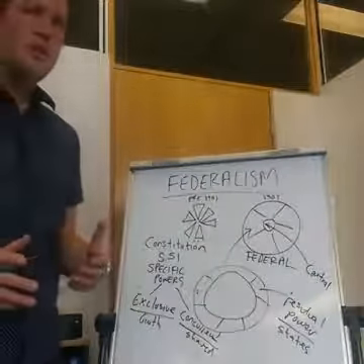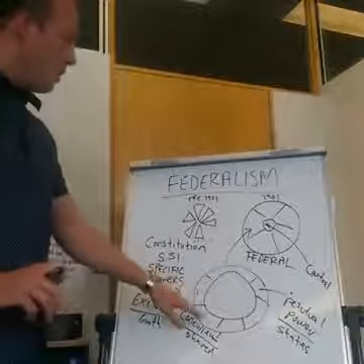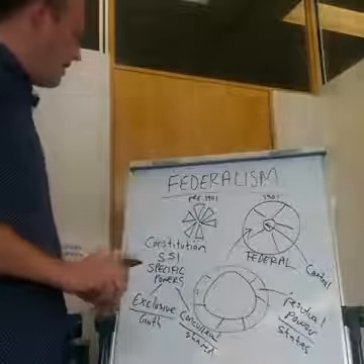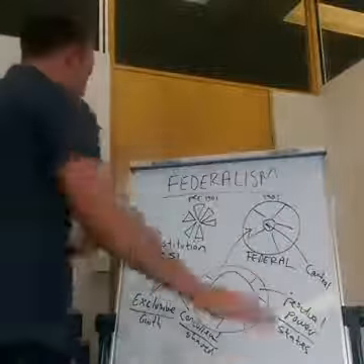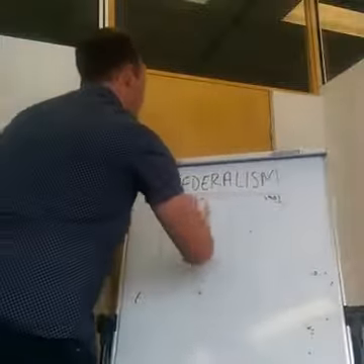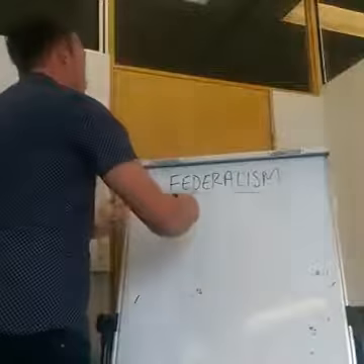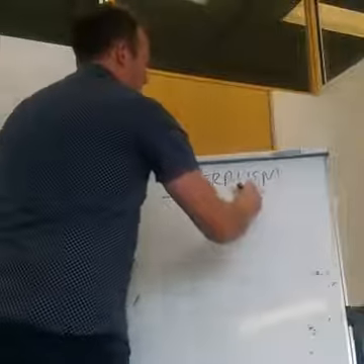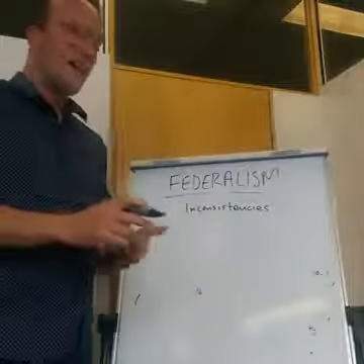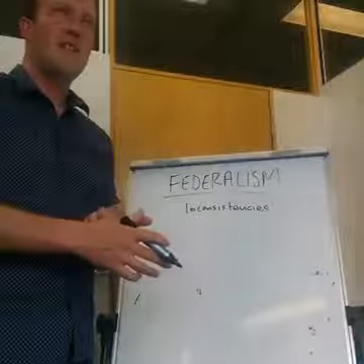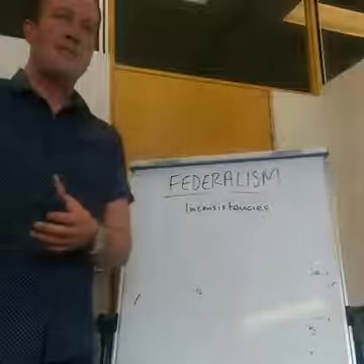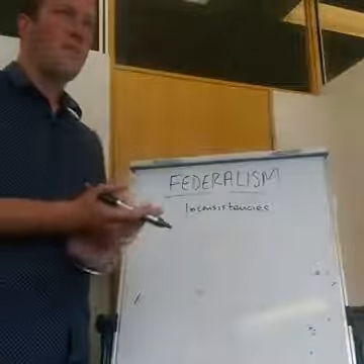Now there becomes a bit of an issue, and the issue is that because there's shared powers, you can actually have inconsistencies. So because of these shared powers, the Commonwealth might make a law on marriage, and the states may make a law on marriage, which one do you follow?